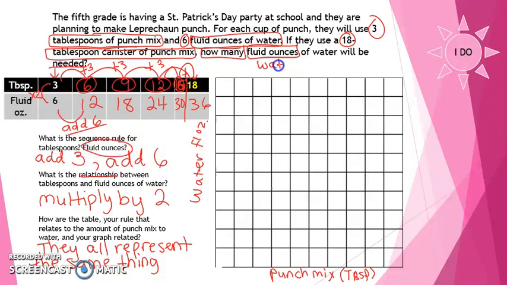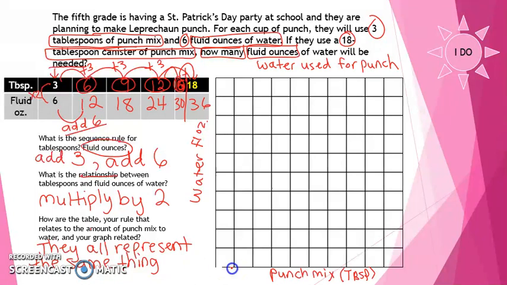So water used for punch. Okay, so there's my title.